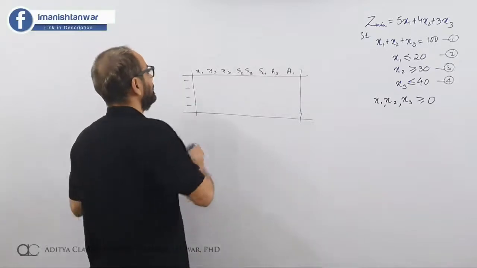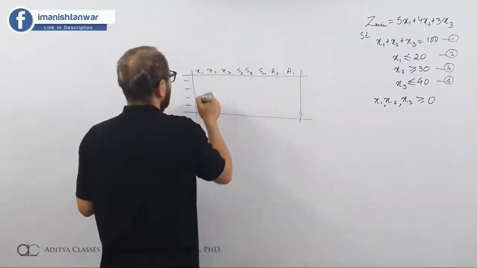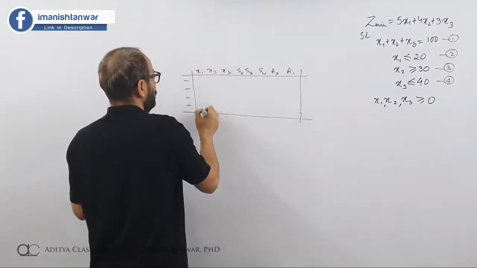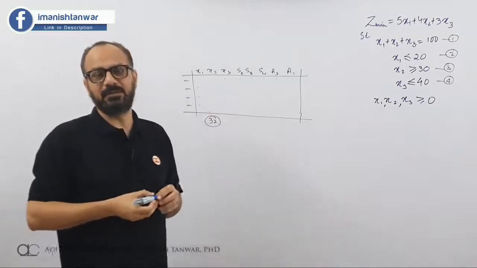How many elements are there in this table? 1, 2, 3, 4, 5, 6, 7, 8. 8 multiplied by 4. There are 32 elements.